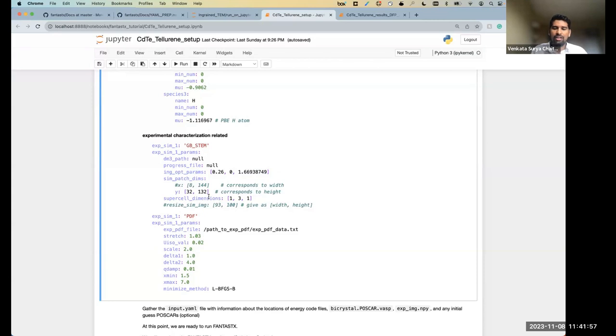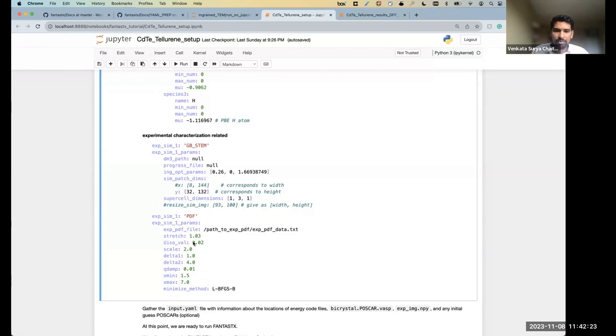Also, if we want to crop the simulated image before comparing with the experimental image, we can, and we can also resize the image so that the simulated image and the experimental image are of this specific size when we are doing the comparison. So all these input parameters can be set for the grain boundary search.